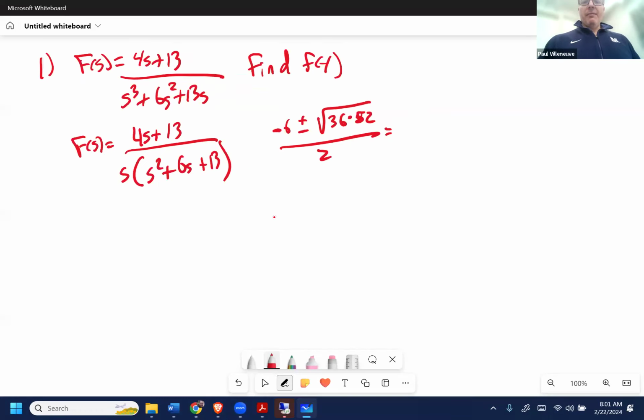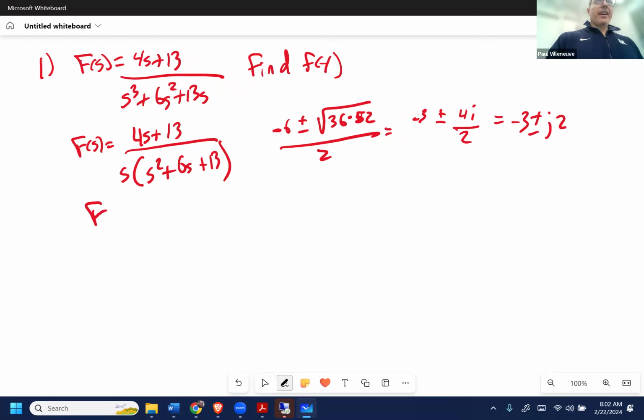So that becomes negative 3 plus or minus the square root of negative 16, which is 4j. Divide by 2, which is equal to negative 3 plus or minus j2.